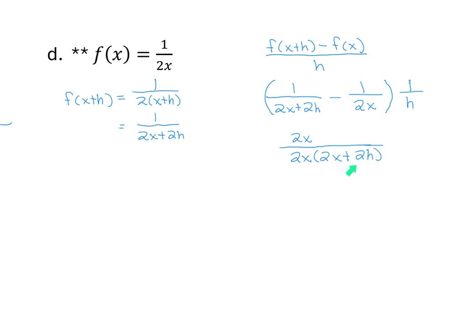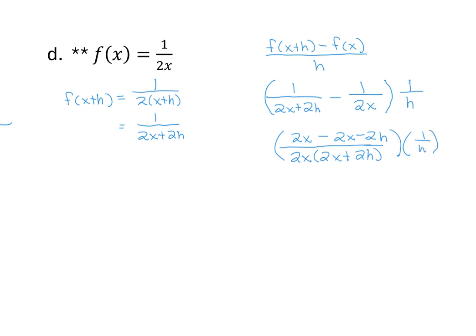I don't have the 2x plus 2h, and so we are going to subtract 2x plus 2h, and again, I'm going to distribute the negative to get rid of it, so that we don't have to do this in 2 steps. So I'm going to subtract the 2x, I'm going to subtract the 2h, and then all of this is multiplied by 1 over h.